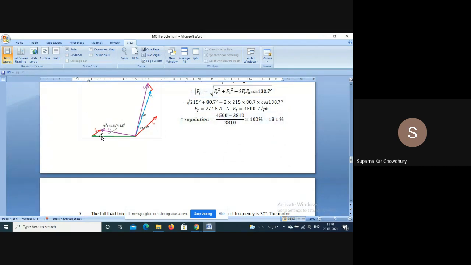Solving, we get the value of field excitation, 274.5 ampere. Corresponding to this, from the OCC curve, we get EF. EF is found to be 4,500 volt per phase. So regulation will be EF minus VT by VT, all phase values, into 100, and that is 18.1%.